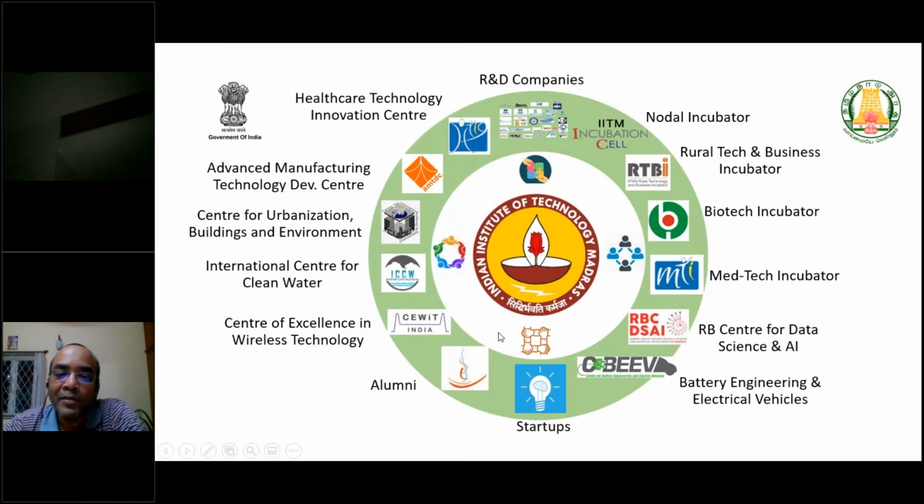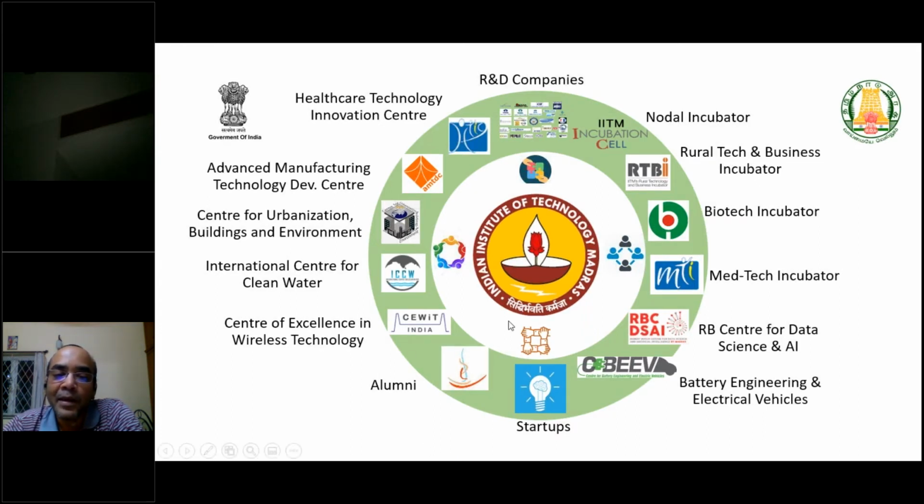But what really makes it work is all these individual elements of the innovation ecosystem and the partnerships that happen. A startup here could go talk to an R&D company, tie up with an incubator, connect with an alumnus, or work with the International Center for Clean Water. So there is so much interaction possible.